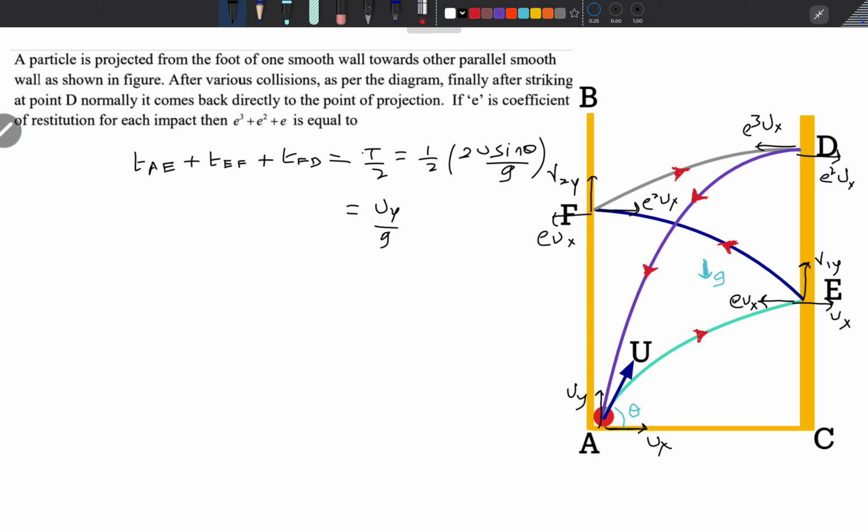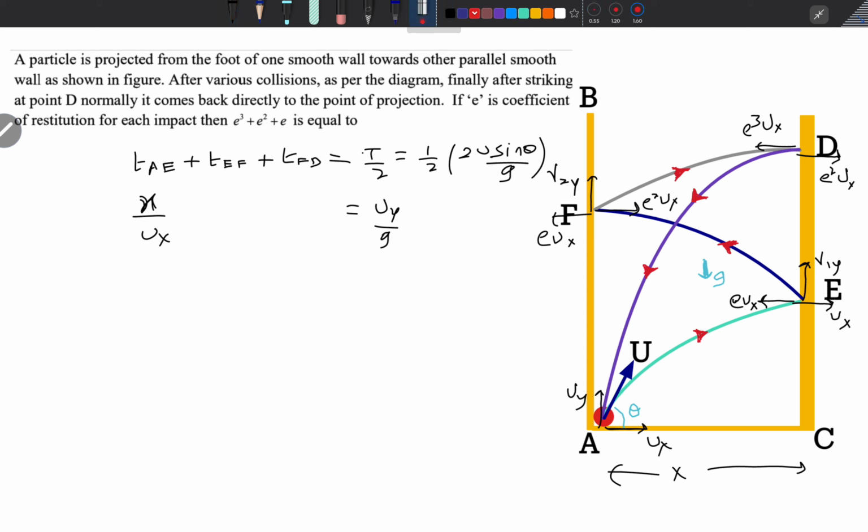What is t? Time taken to move from A to E depends upon the component of velocity ux and this distance, so this will become x by ux.